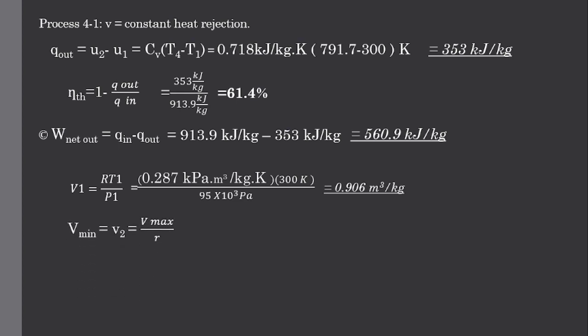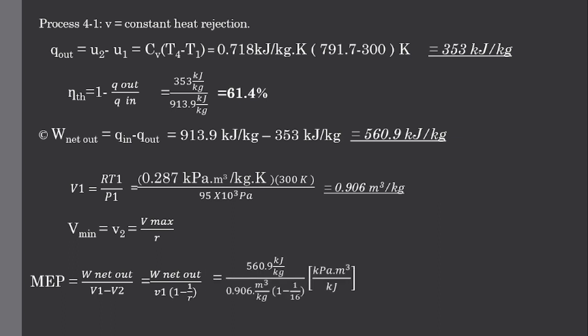Then after that, we're going to find the equation for V sub 2. The equation for V sub 2 is equal to V max over r, where r is the compression ratio. So the equation for MEP, or mean effective pressure, is equal to net work out over volume 1 minus volume 2. So net work out over volume 1 times 1 minus 1 over r.